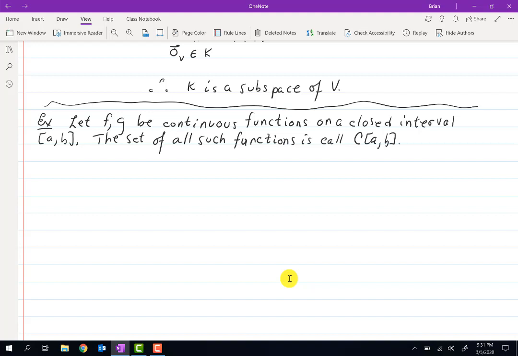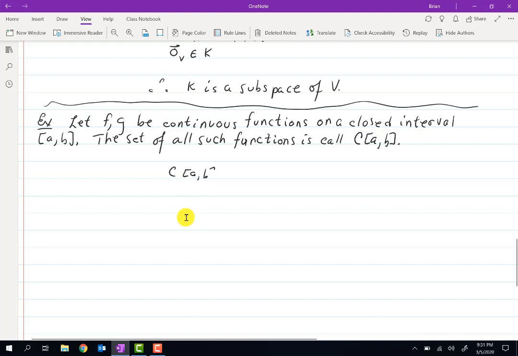So that is the set of all the continuous functions defined on [a, b]. And of course, these continuous functions are from the real numbers into the real numbers, so the domain and range are in the real numbers. In any case, these continuous functions actually form a subspace.